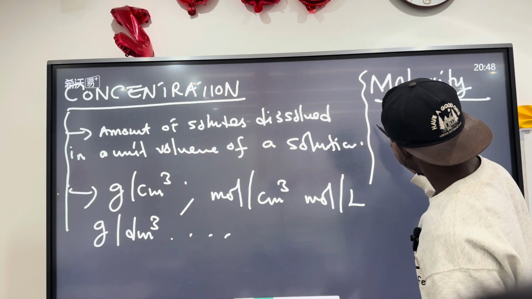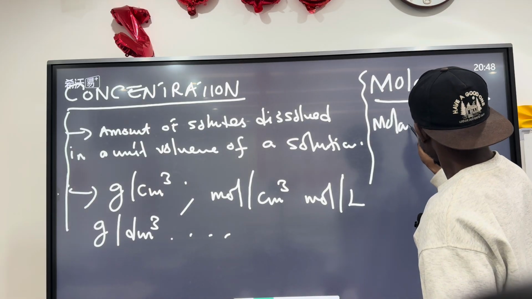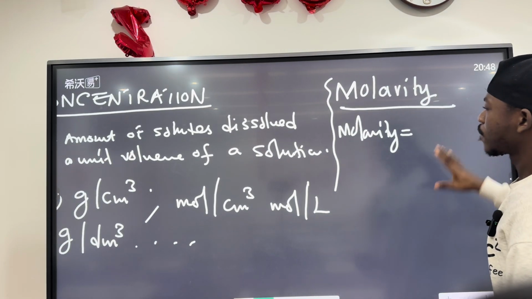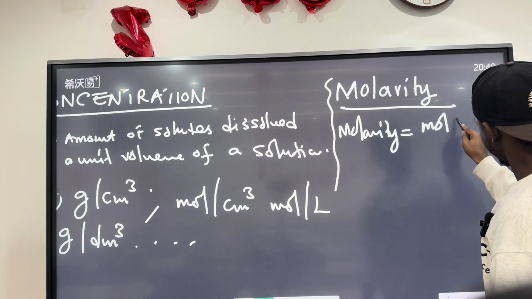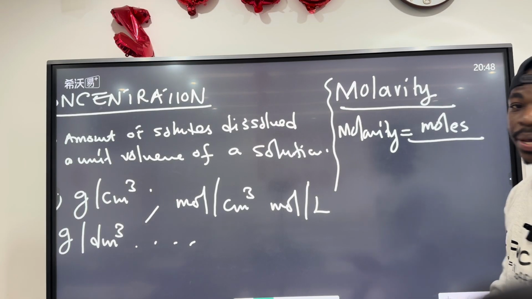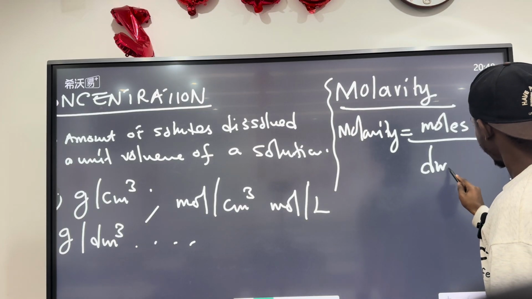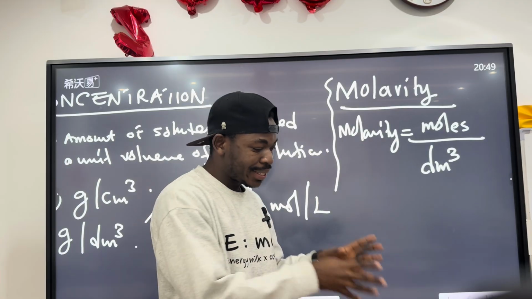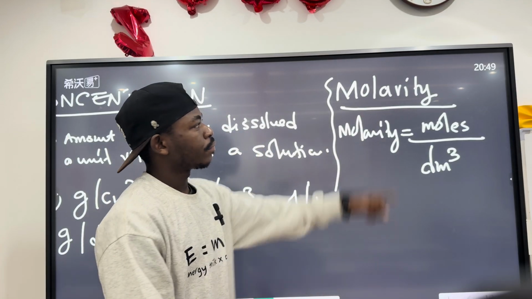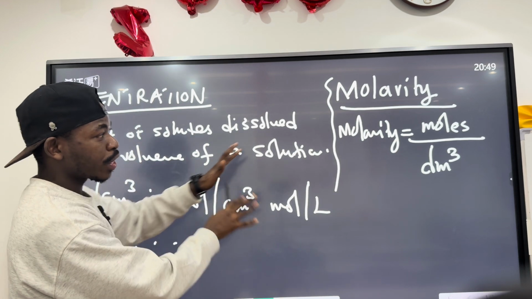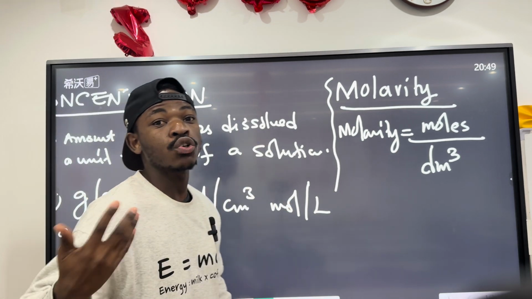So molarity is strictly the number of moles per cubic decimeter. How many moles have been dissolved in a cubic decimeter of a solution is molarity. You can see that we're still talking about concentration, but in a special way.